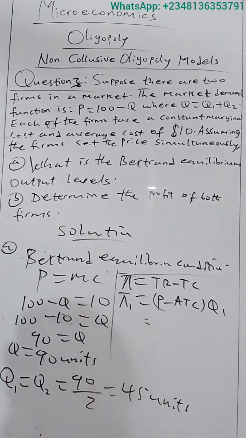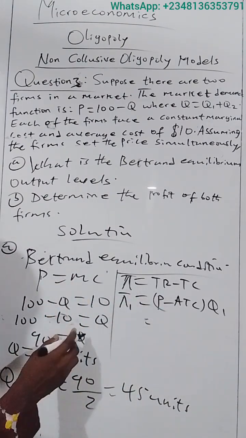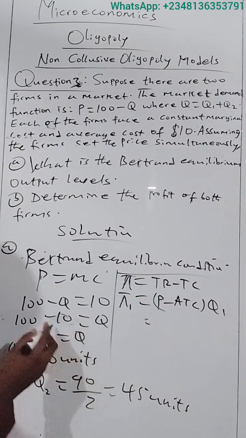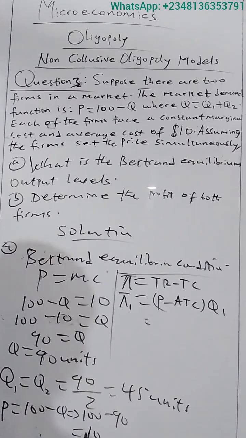If I do that, let me apply this. We need to determine the price first. What is the price? We determine the price by substituting this Q into the price function. Don't forget, the price is equal to 100 minus Q. Then the answer will be 100 minus 90, which is equal to 10. The price is 10 US dollars.